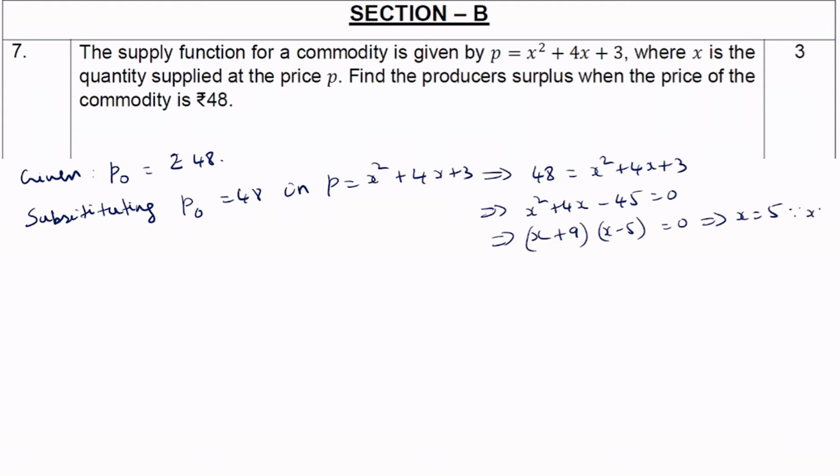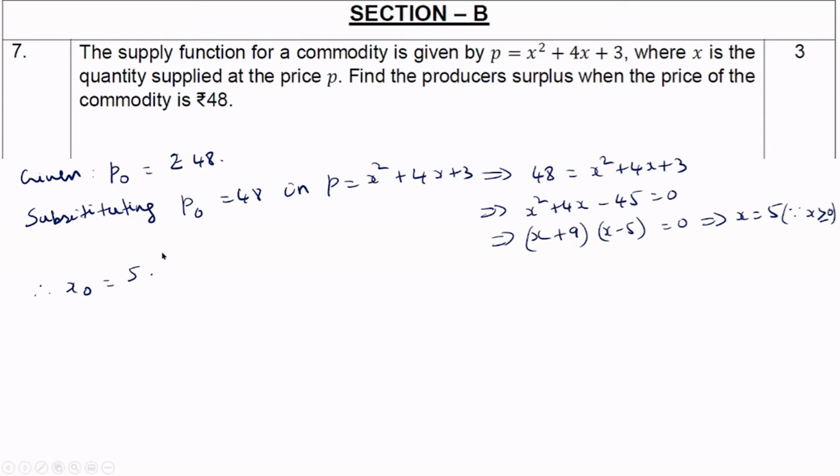Since x is greater than or equal to 0, therefore, x naught is equal to 5.